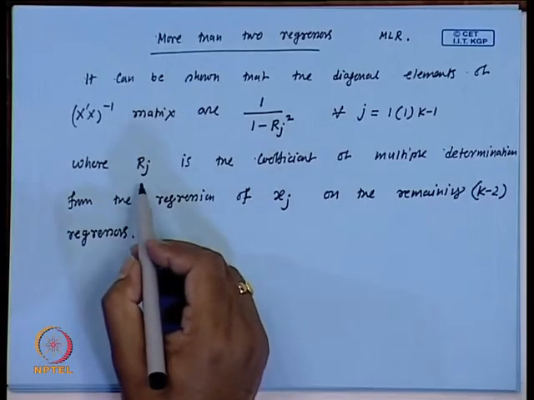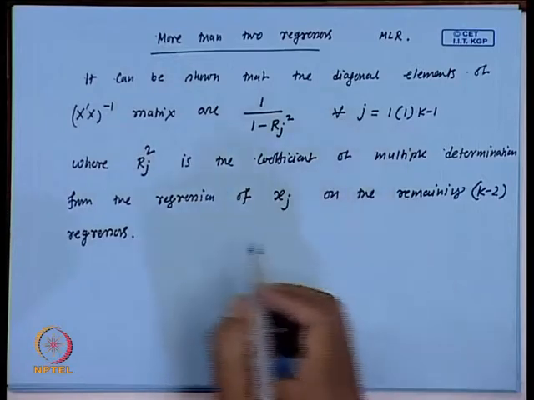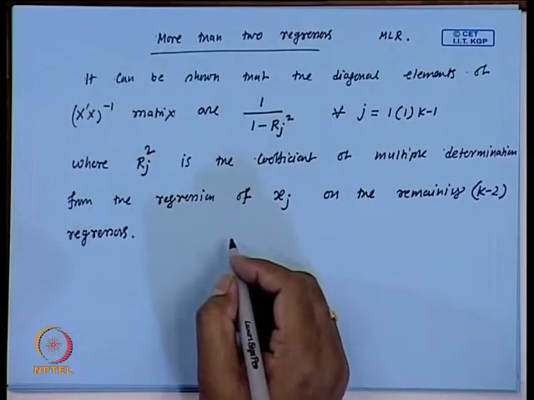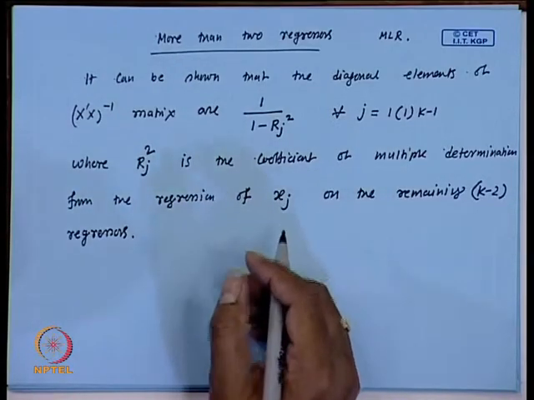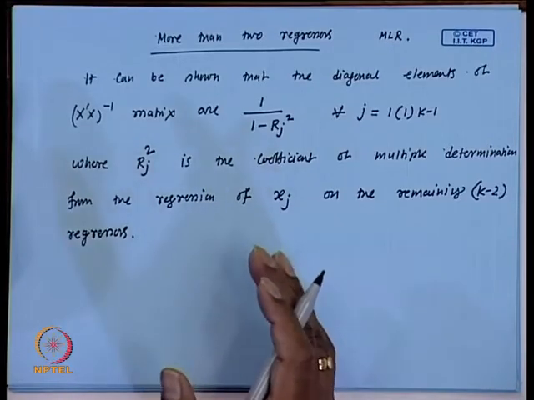Here, Rj square is the coefficient of multiple determination. We know what the coefficient of multiple determination is in a multiple linear regression model.